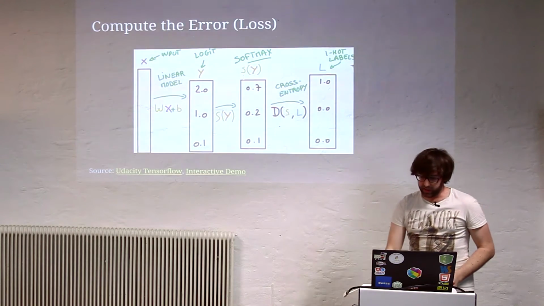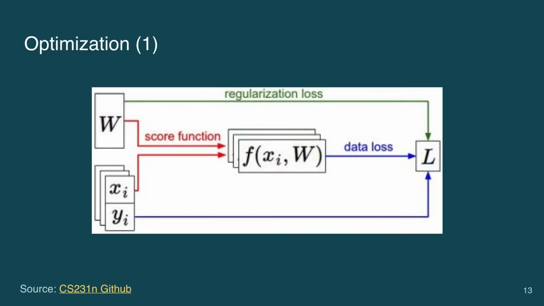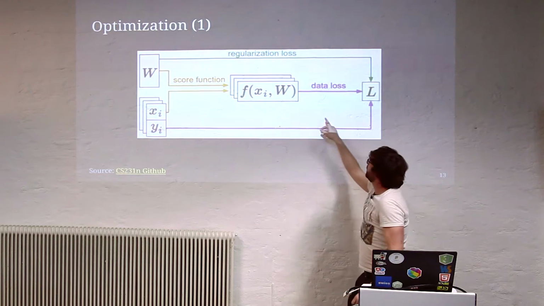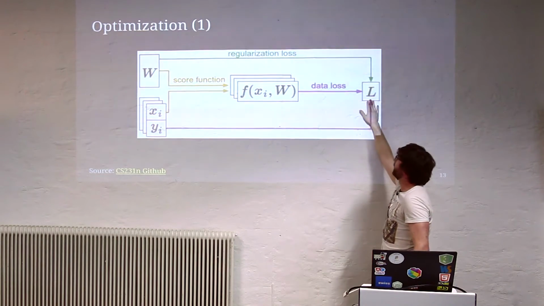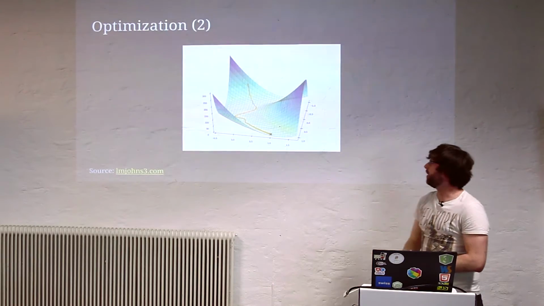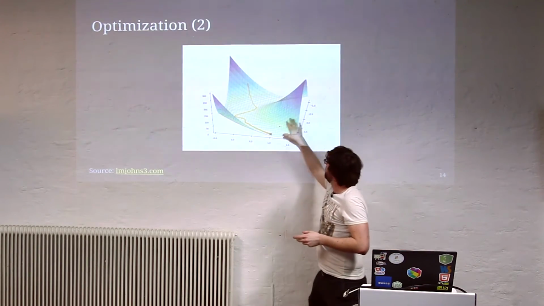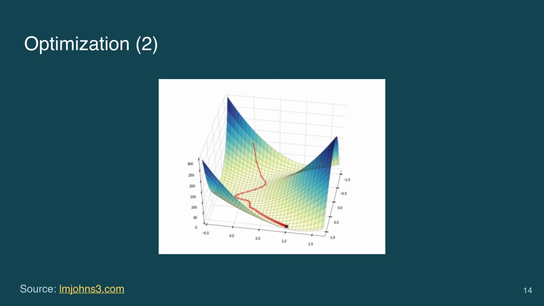So once you have the error, you can do some optimization. The error is, as I said, computed by the class label and by this function. So this is the correct label. This is the line function. And it also takes some regularization loss. And this computes this error. And now we can optimize this error by finding the best weights. So this is a 2-dimensional weight matrix, let's say.